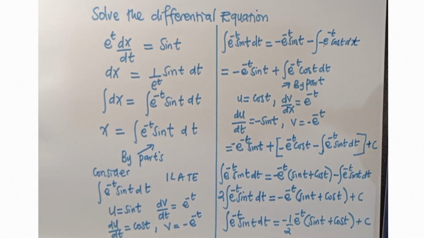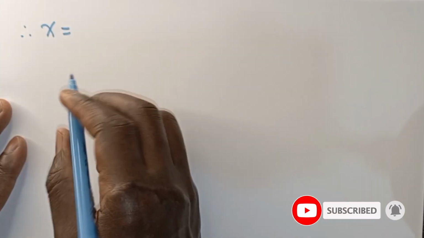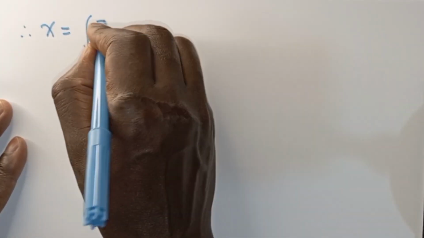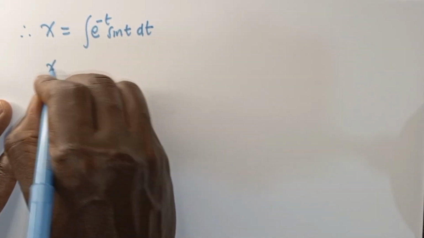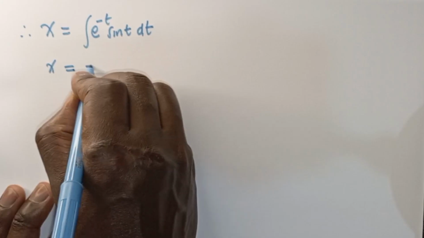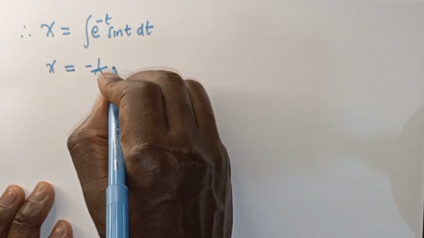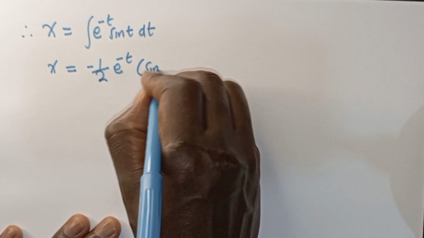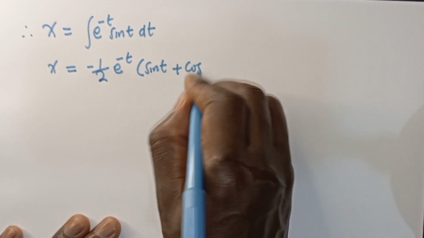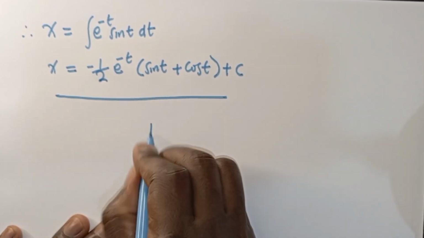So therefore, when we take it back, from our integral, which was x is equal to the integral of e to the negative t sin t dt, we shall have x is equal to, putting it back, negative half e to the negative t, sin t plus cos t, and then plus c. Therefore, you have finished solving it.